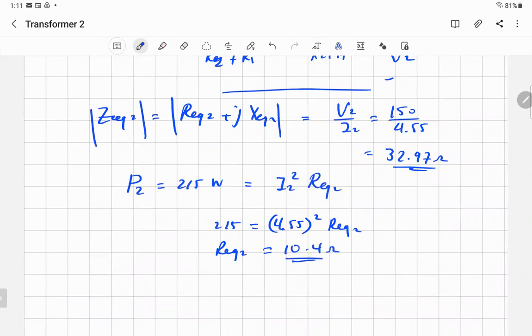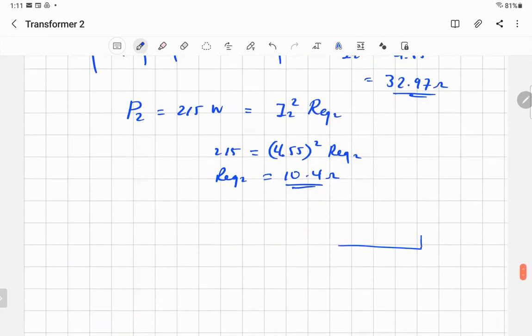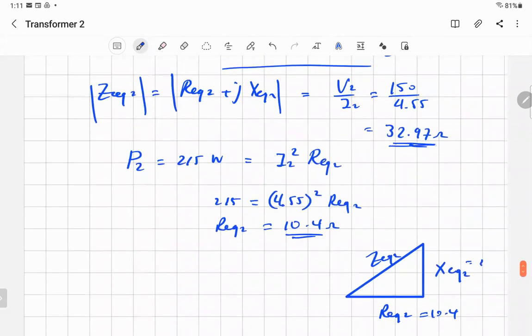Now you have R equivalent and you have Z equivalent. What do you get? X. You know how you get X? You have the impedance triangle. That's R equivalent 2, that's X equivalent 2, that's Z equivalent 2. You have R equivalent 2 equal to 10.4, and X equivalent you don't know yet. Z equivalent is 32.97.